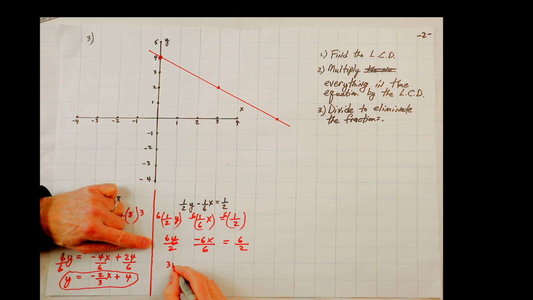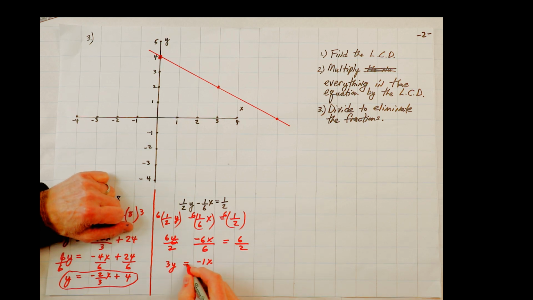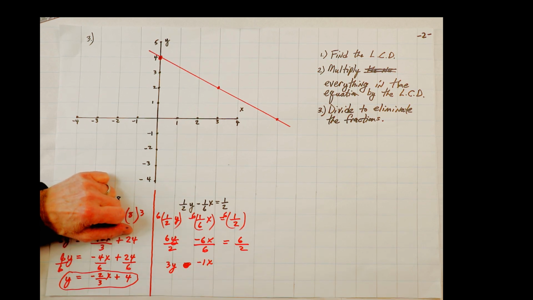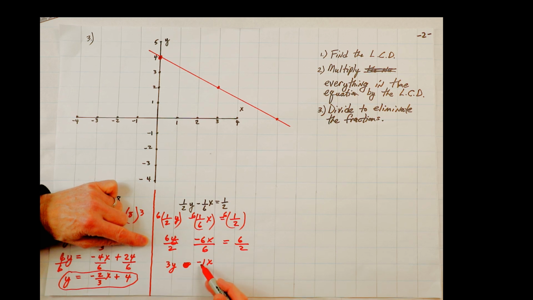So we get 3y equals negative 1x. Whoops. No, that's just supposed to be minus. I put the minus sign so close to the 6 that I forgot it was there. So 3y minus 1x equals 3.